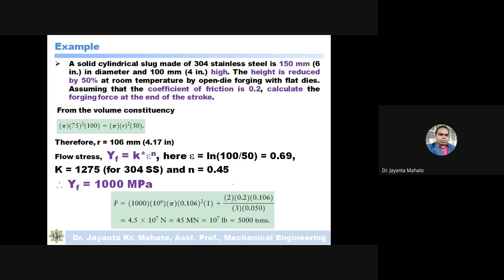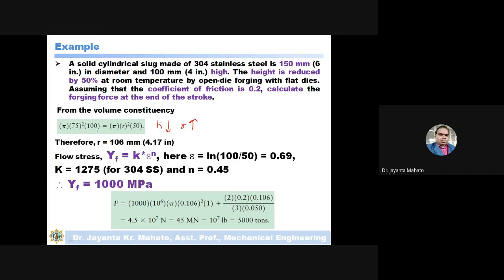Okay, so here the volume is constant. Means after the forging operation, the height will reduce and the radius or diameter of the piece will increase. Okay, means H will reduce and R will increase after the forging operation. Okay, but the volume remains constant.